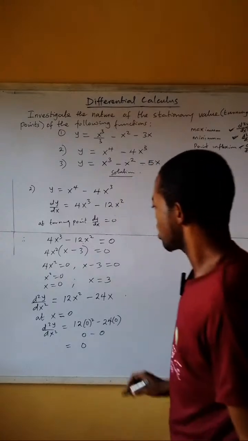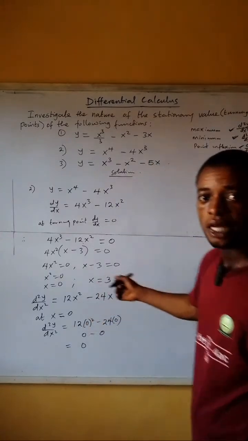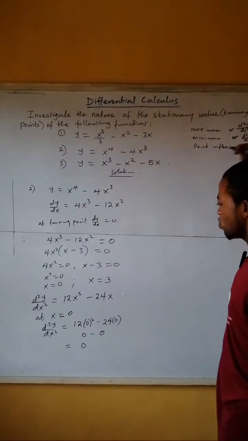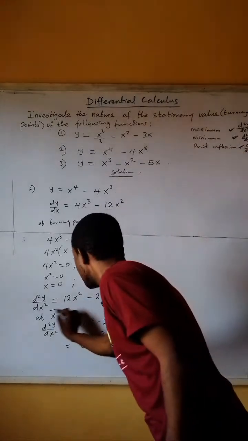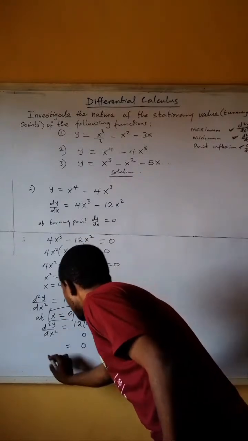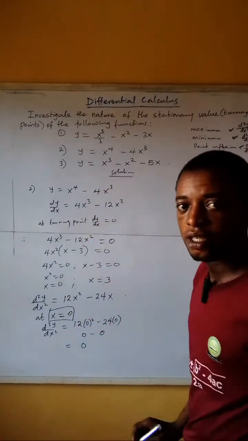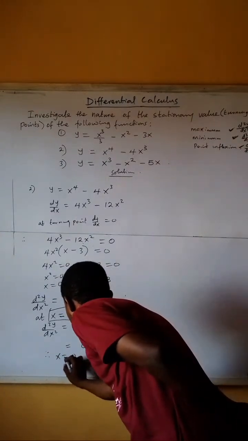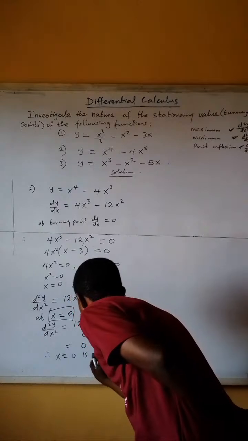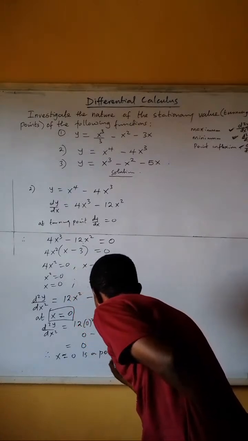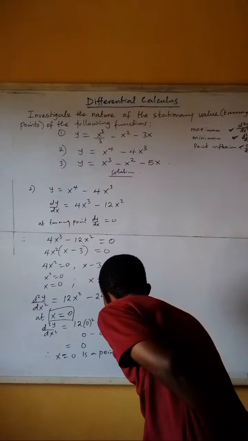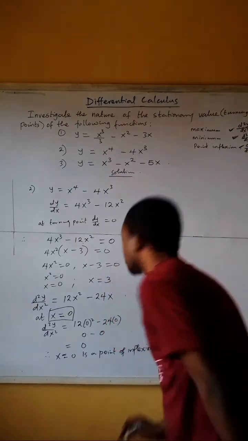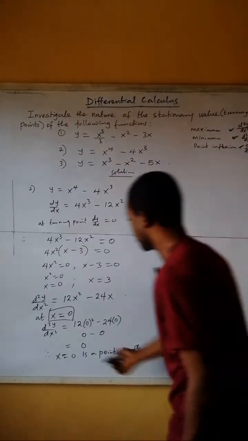Now, when we substitute x equals 0, the second order derivative is equal to 0. That means this point will be a point of inflection. So therefore, we have x equals 0 is a point of inflection. So that's the nature of this point.